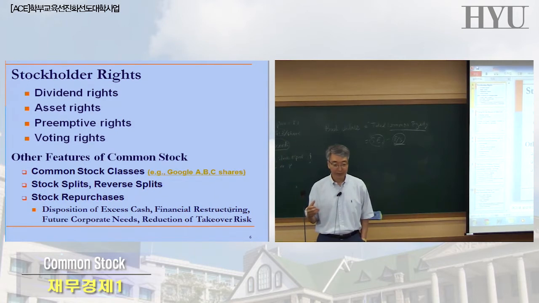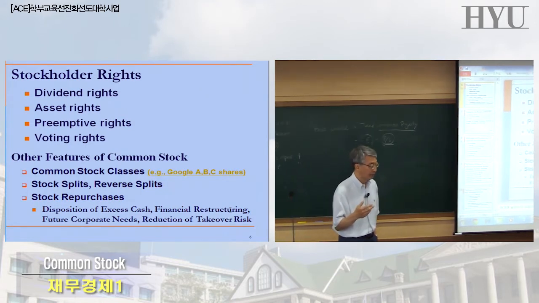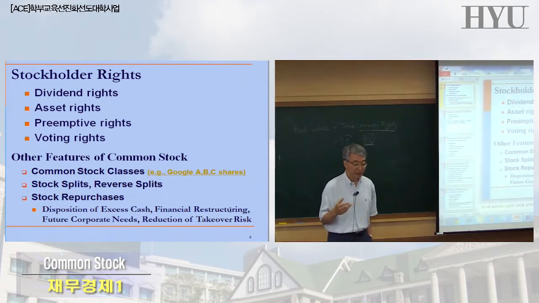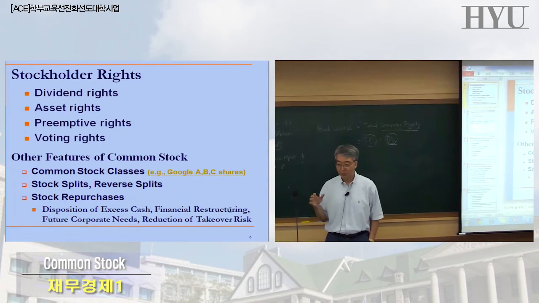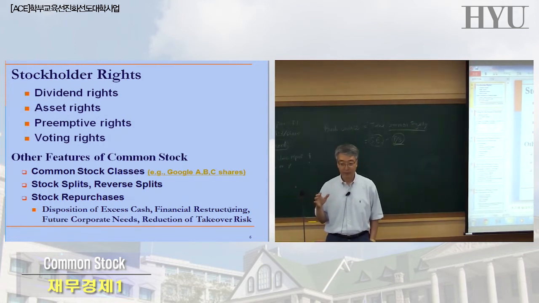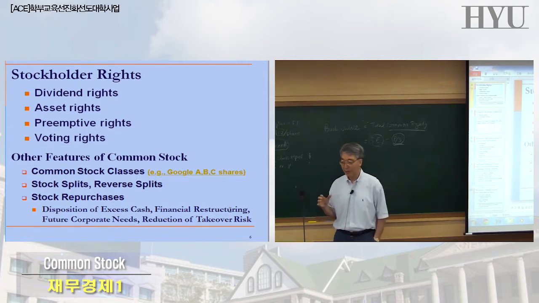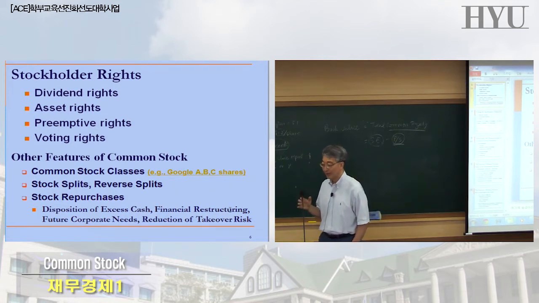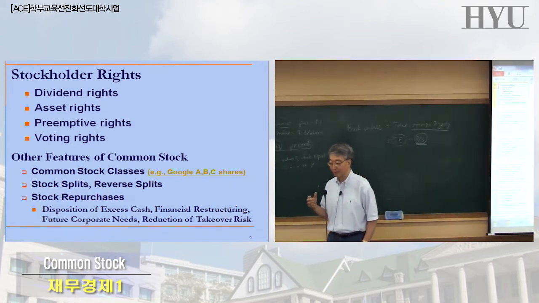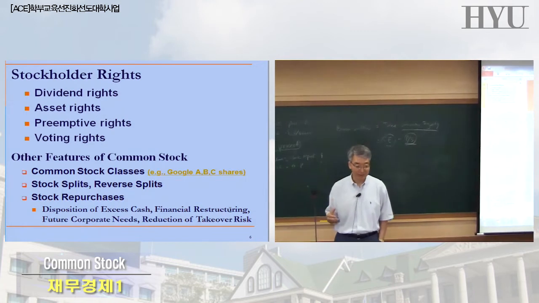And after all that, there may be some other debt holders like banks and other loan companies. After all the debt holders are satisfied, if there is anything left of the assets, then stockholders can take a swing at it.